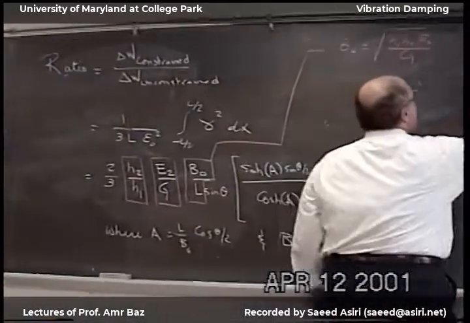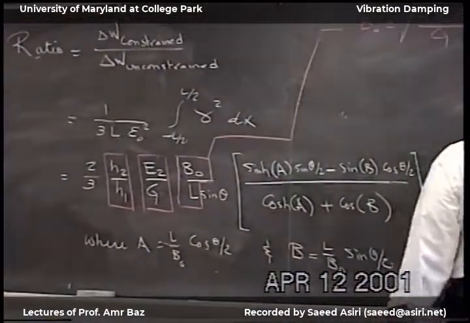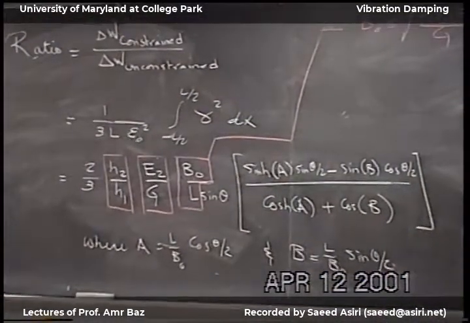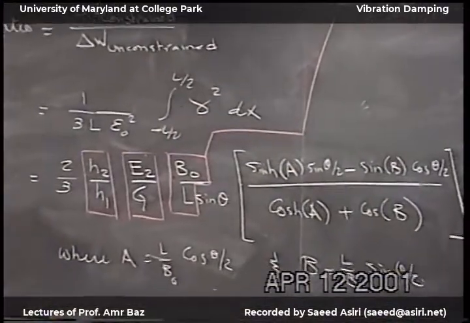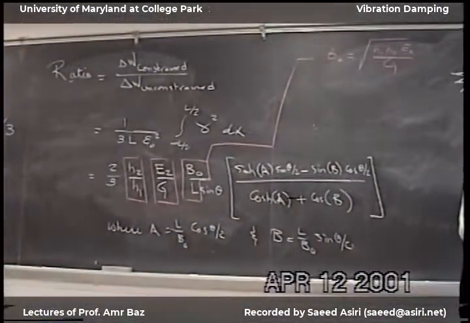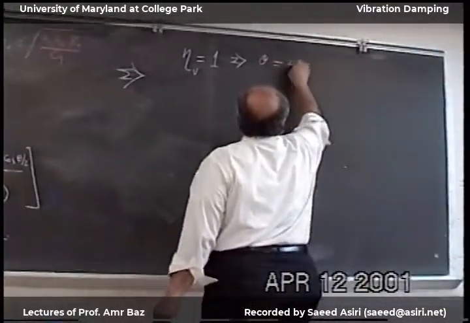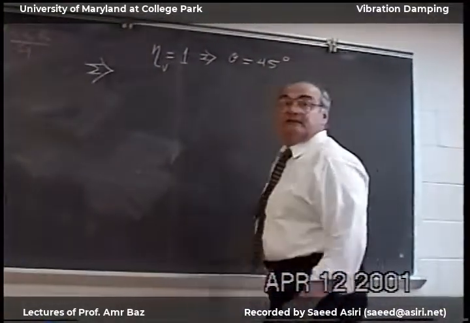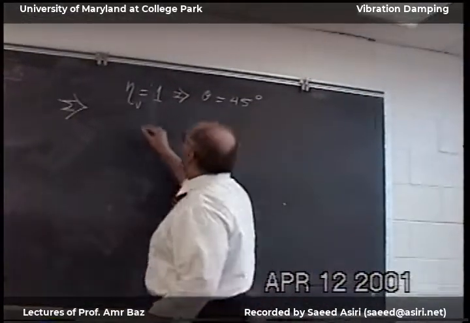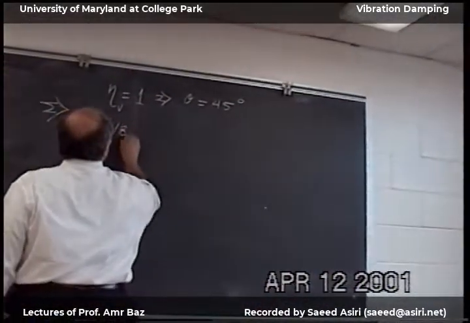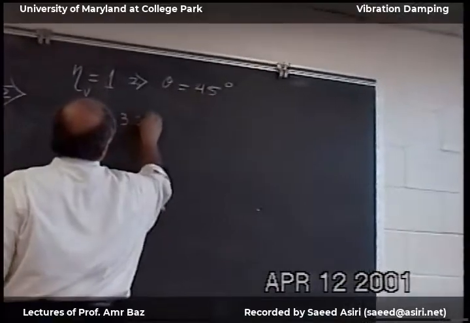Then now here, I'm going to use eta viscoelastic equal to 1. This is very similar to the Dyad 606. So this will give us the angle theta equal to 45 degrees. I'm going to use L over B0, the best viscoelastic constrained layer, 3.28.